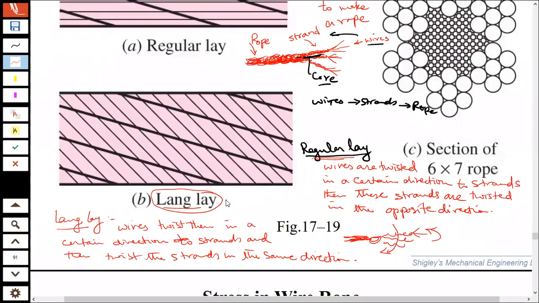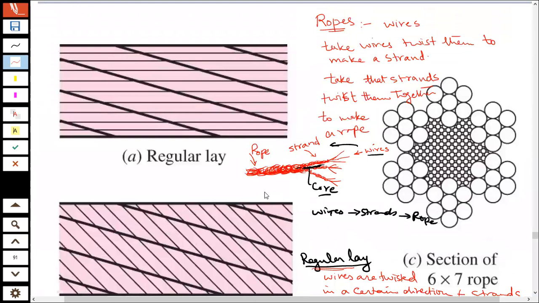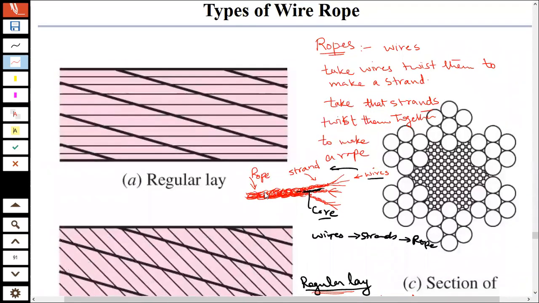But these kinds of ropes are good for fatigue applications, good for dynamic applications, because the wires do not abrade each other. They are separated from each other and would not work against each other.